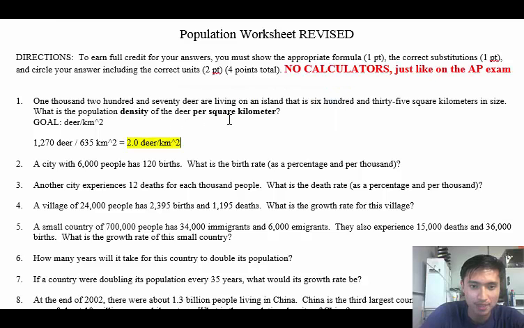Since, again, I'm typing, I'm just going to highlight them. So here I would have received my 1 point for the correct formula, my 1 point for the correct substitutions. In this case, there's not really a lot of substitutions. You just have to know where to plug in. Okay, so deer in the numerator, square kilometers in the denominator. And then I have my answer clearly labeled.